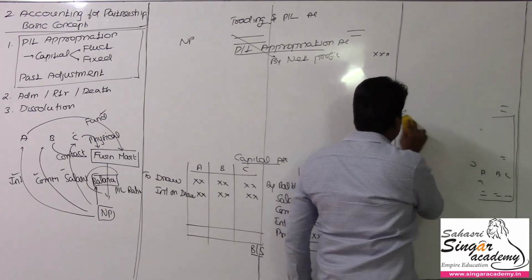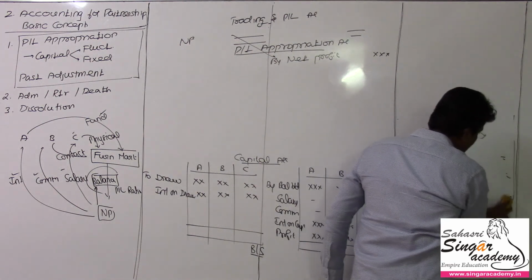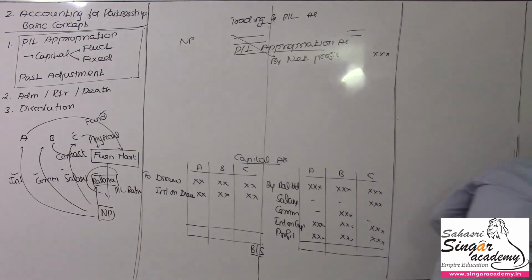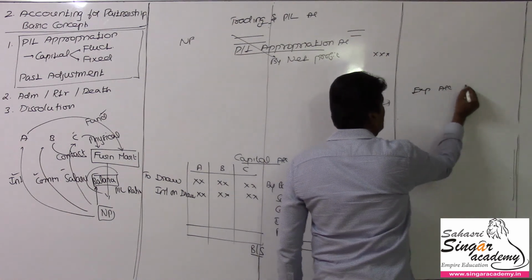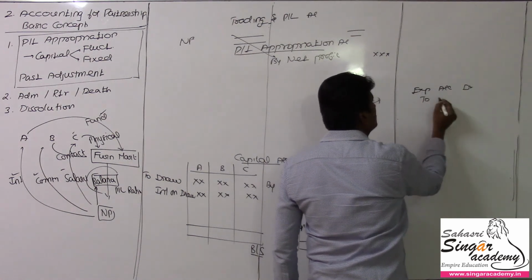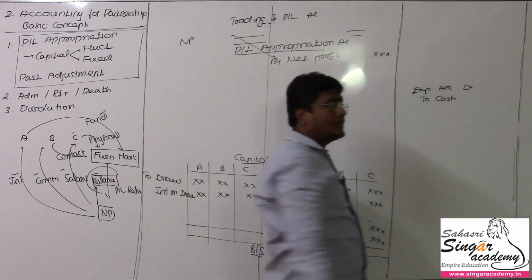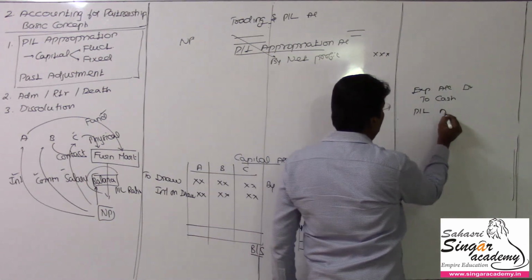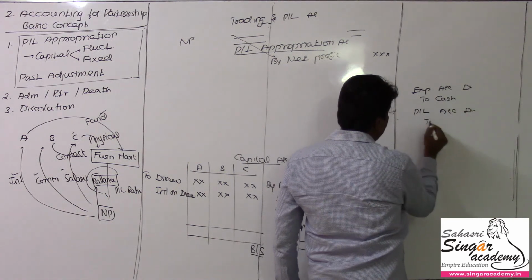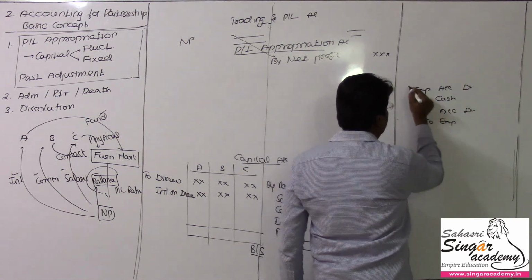For the expenses, the journal entry is expenses account debit to cash, and that expense is debited to the P&L account. For that, the journal entry will be P&L account debit to expenses. These are the two entries passed.